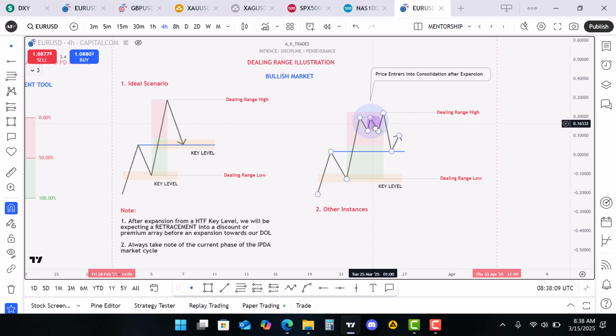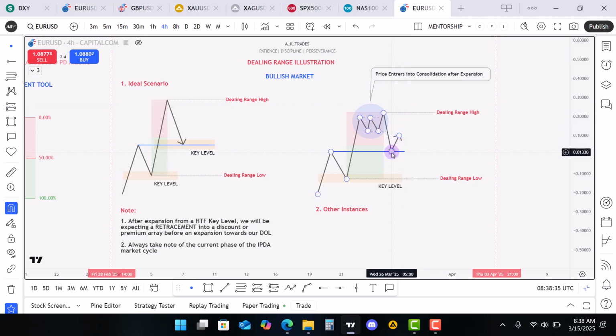That particular move is not an actual reversal, but a manipulation to trick inexperienced traders to switch their market bias. So as you can see here, after this consolidation, there was a manipulation. Look at where the manipulation went to: our discount key level, before price expanded away from this key level.